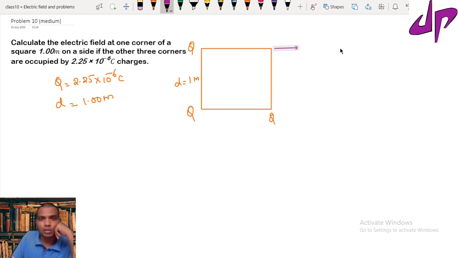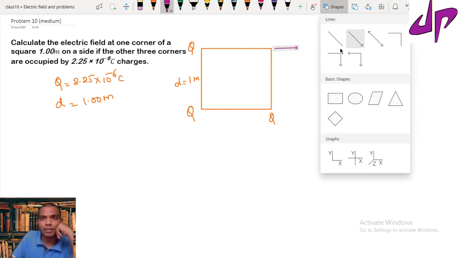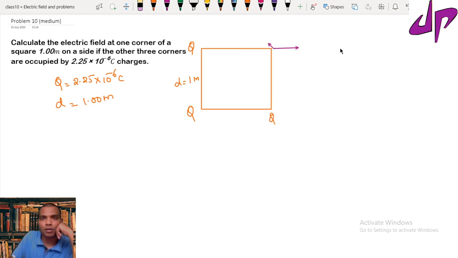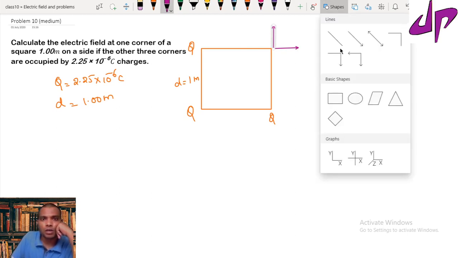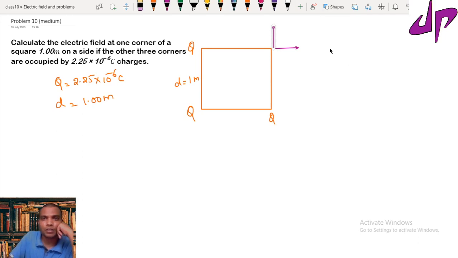Due to this charge, the electric field at the same point is along this direction. Due to this charge, the electric field is along this direction.